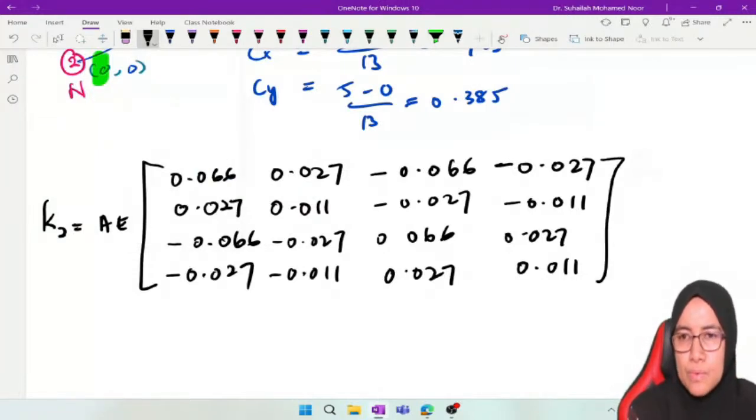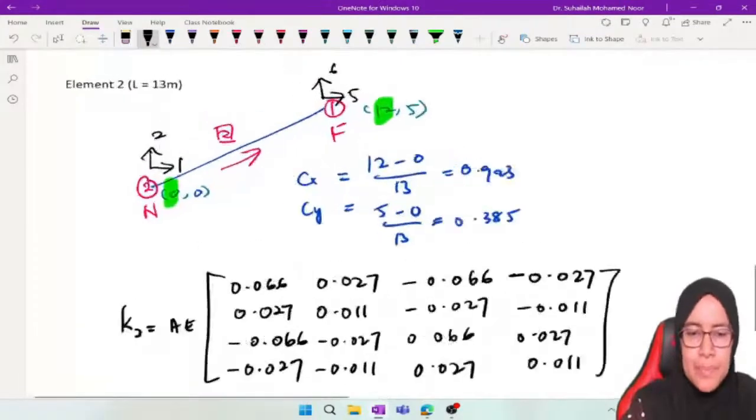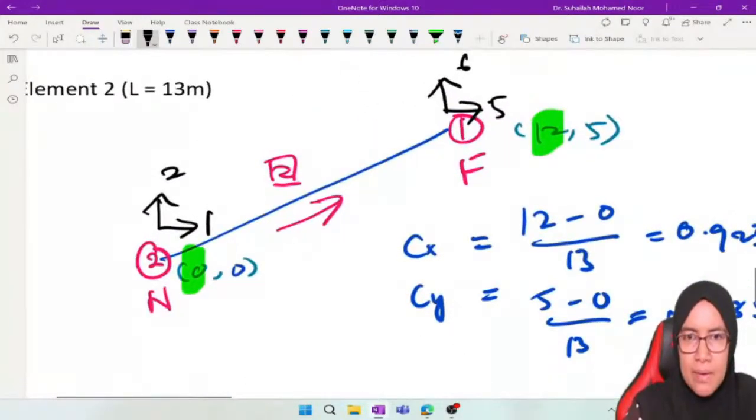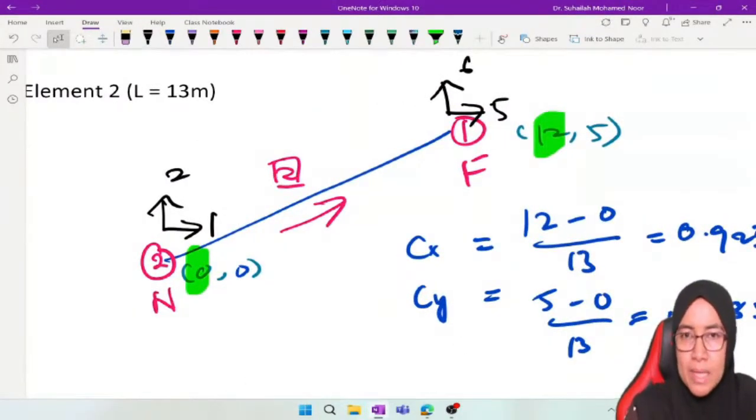Okay, this is K2. And remember, what is most important is the degree of freedom label. We label outside the matrix, representing near XY, far XY. We have to refer to the diagram. Near XY is 1, 2.